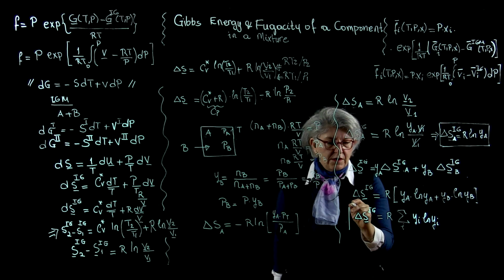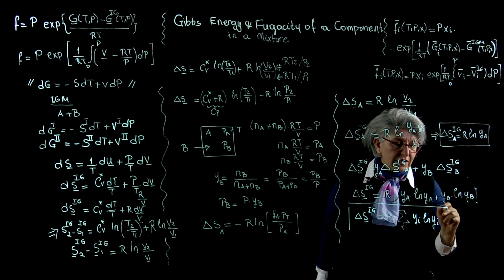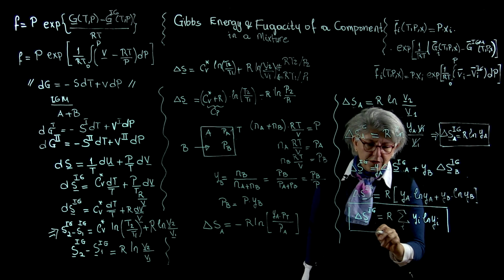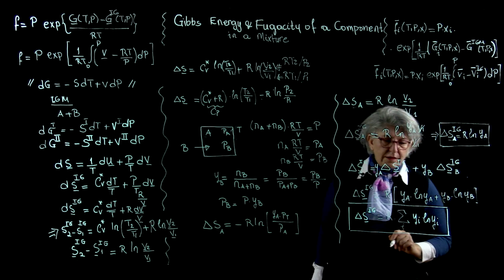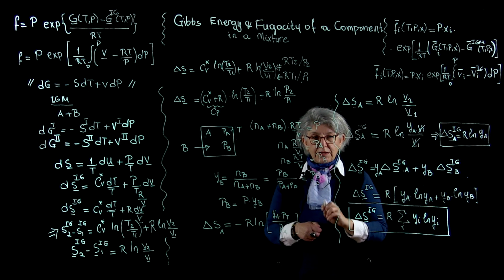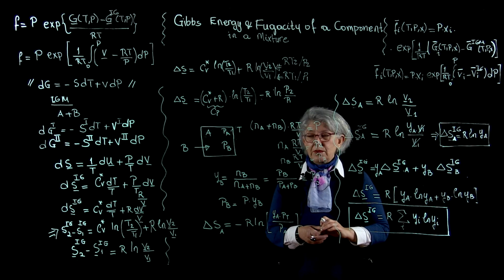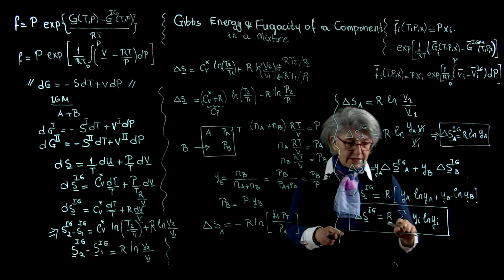So this is the entropy change of making an ideal gas mixture starting from its pure components.